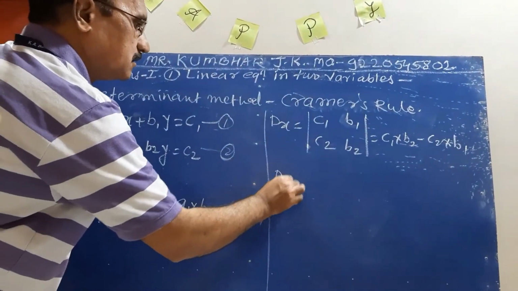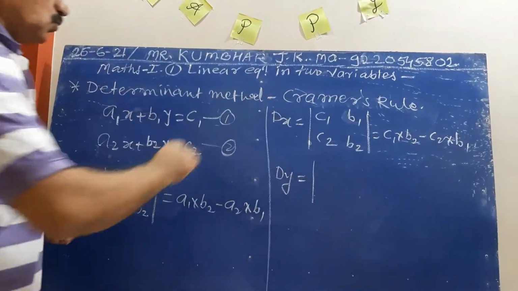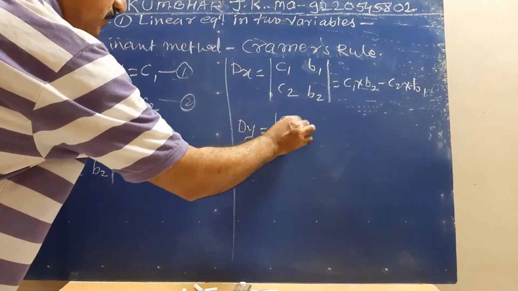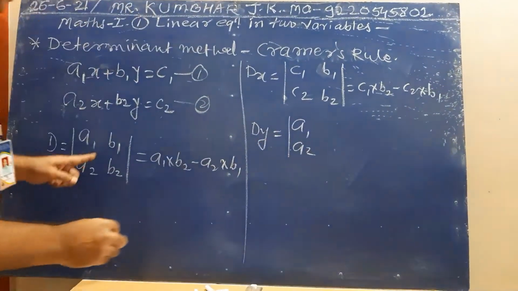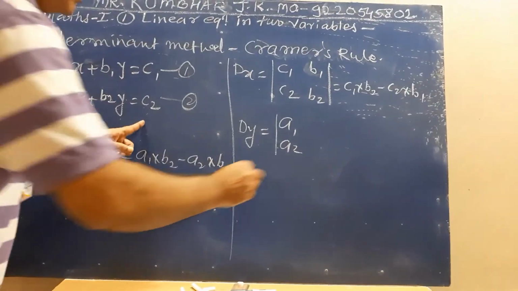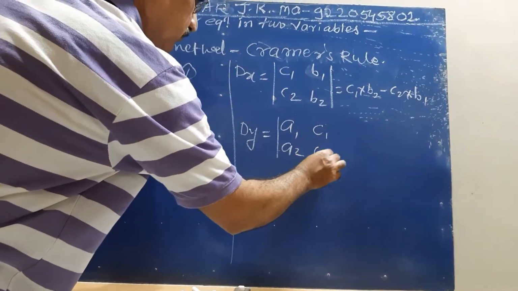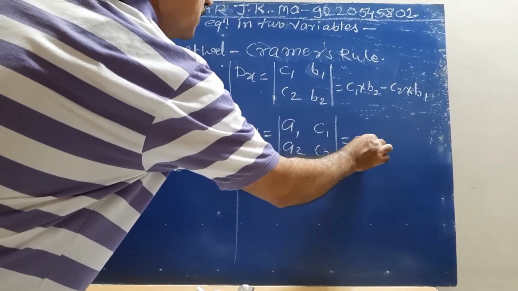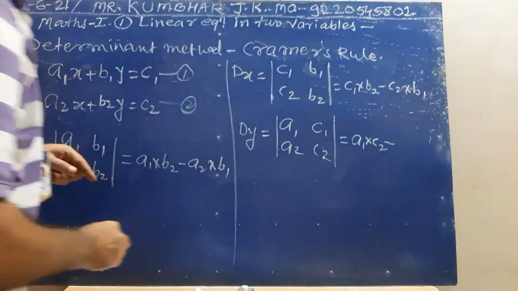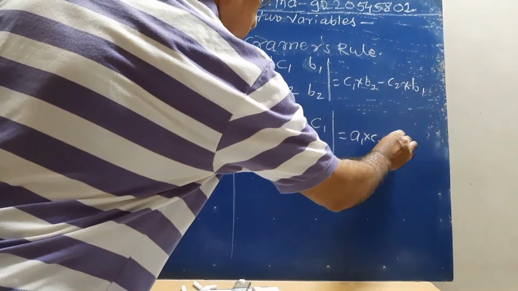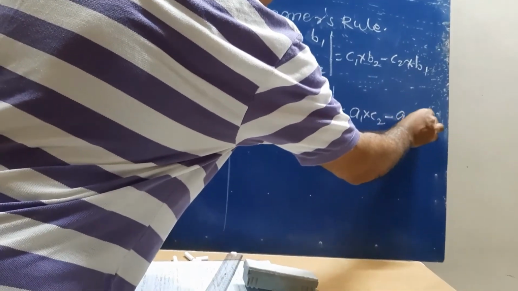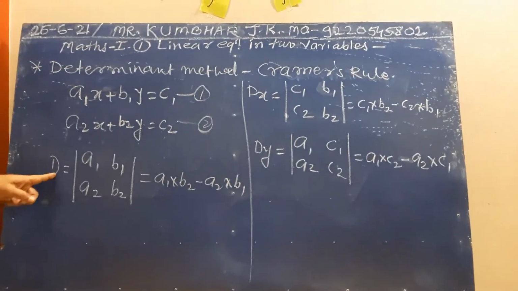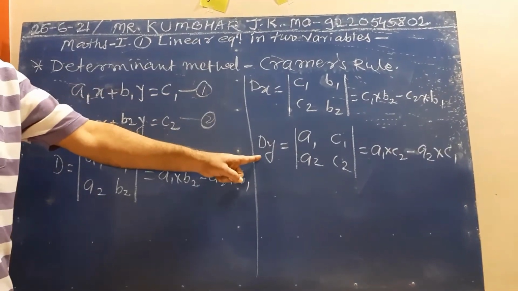Then Dy is equal to, write a1, a2 as it is and except b1, b2, write there c1, c2. Again cross multiplication, a1 into c2 minus a2 into c1. First we have to find D, Dx and Dy.